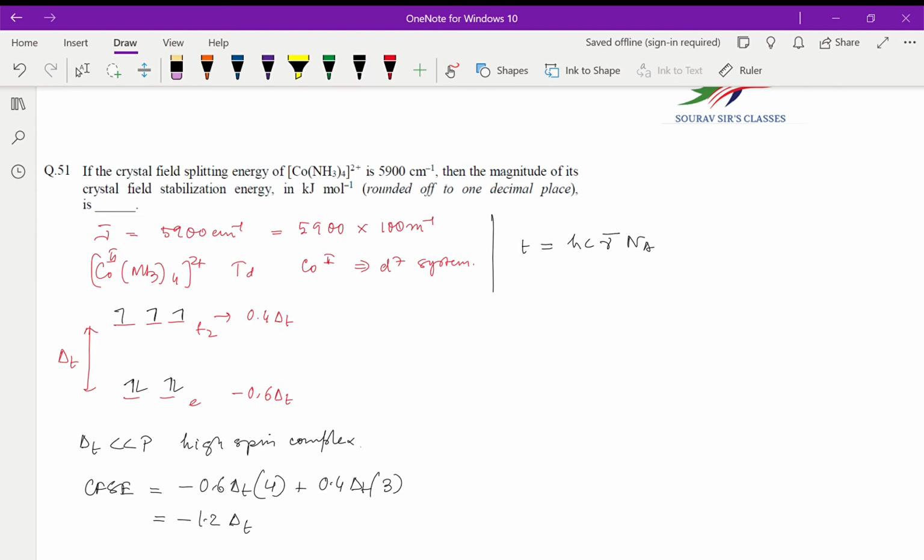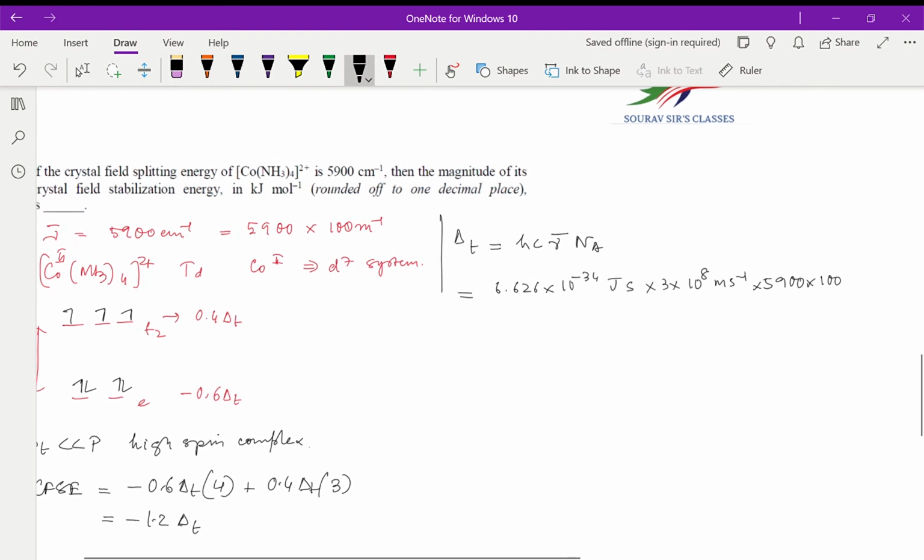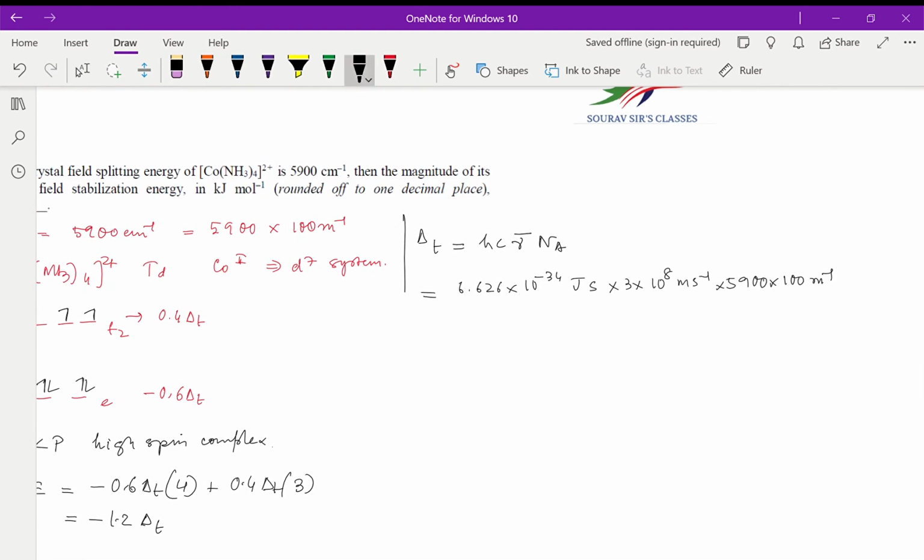According to this equation we plug in the values of the constants: joule second into 3 into 10 to the power 8 meter per second into 5900 meter inverse into 6.023 into 10 to the power 23, so that becomes per mole.